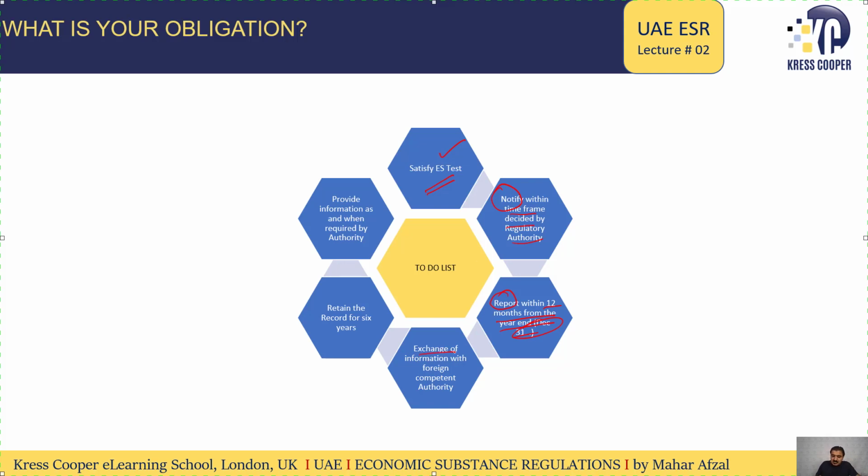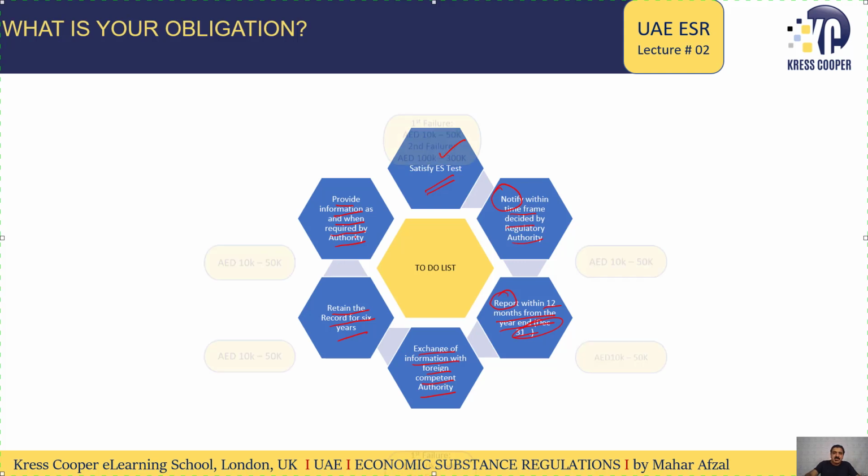Licensee needs to exchange the information with the foreign competent authority. Licensee required to retain the record for 6 years. Licensee is required to provide the information as and when required by the authority. So this is the minimum requirement for the licensee if the licensee is conducting any relevant activity and the licensee is earning any income from it.